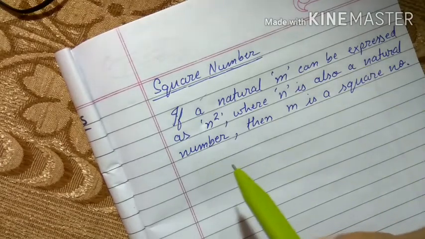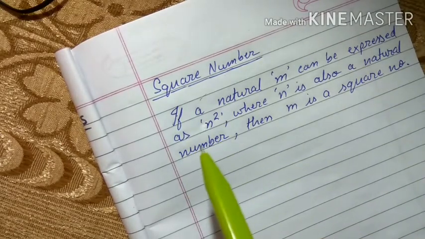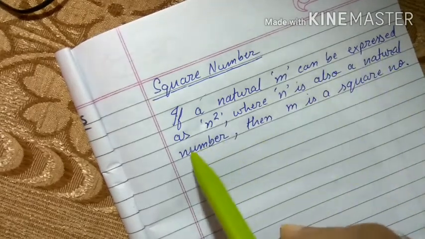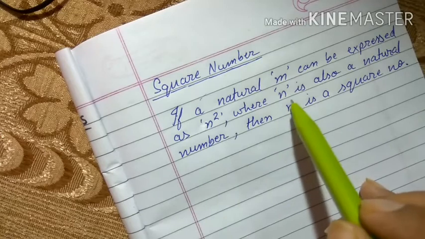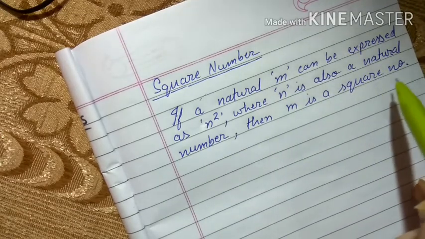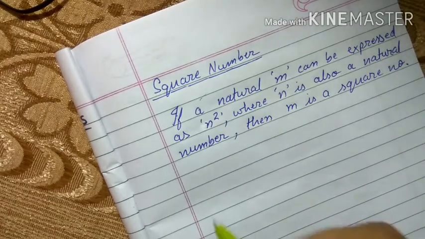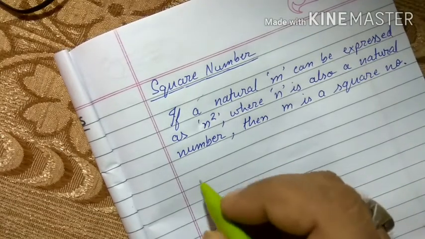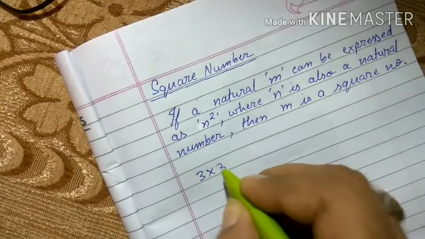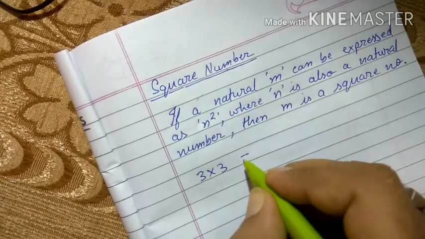So in general we can say, if a natural number m can be expressed as n square, where n is also a natural number, then m is a square number. That means when we multiply a number by itself, like 3 multiplied by 3, it gives a product that is 9.